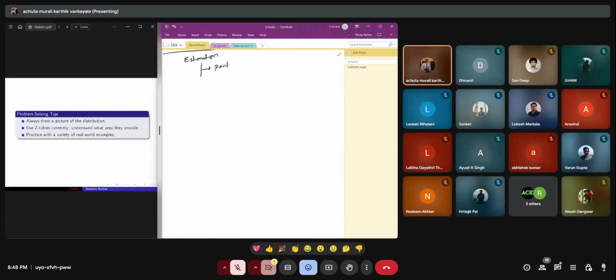One is point estimation. The second one is interval estimation. Okay, so what happens in point estimation is you perform some experiment, and based on the result, you will estimate some value, some single point for that population parameter.